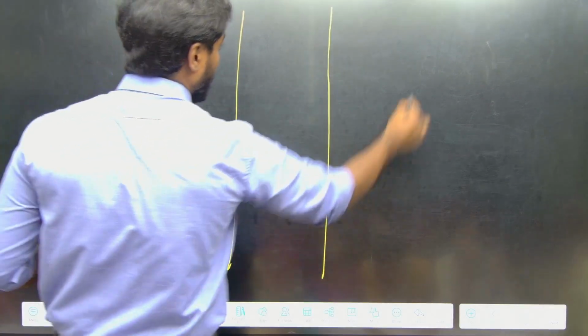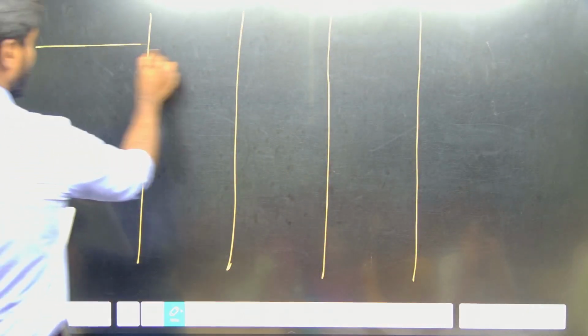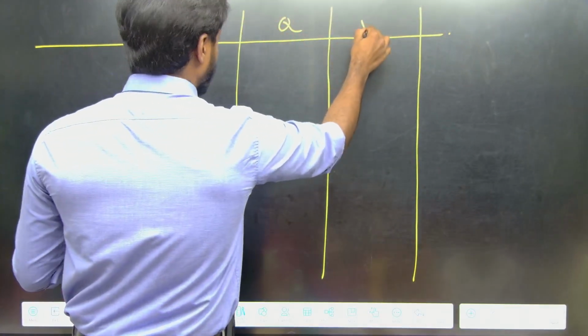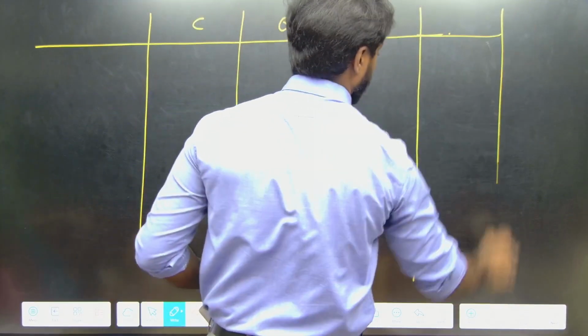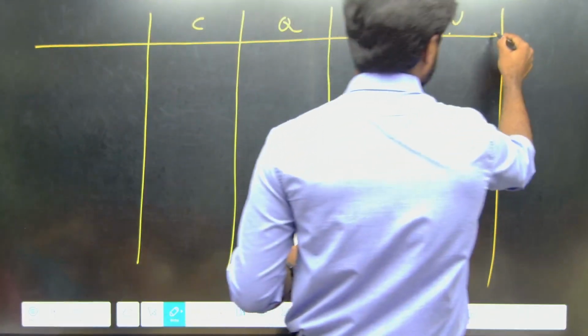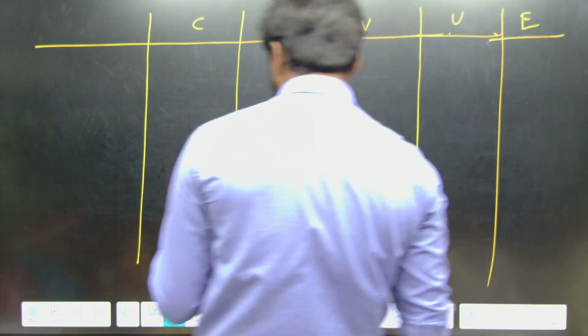Try to remember only this tabular column, it is easy to understand. So C, Q and V, and this is U, and one more is the energy density.